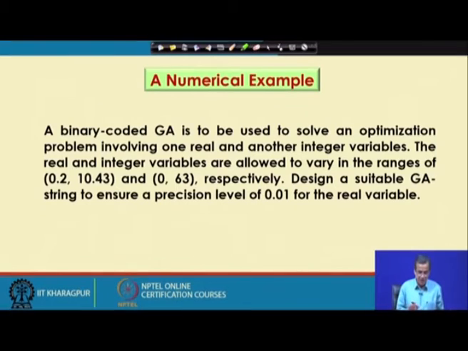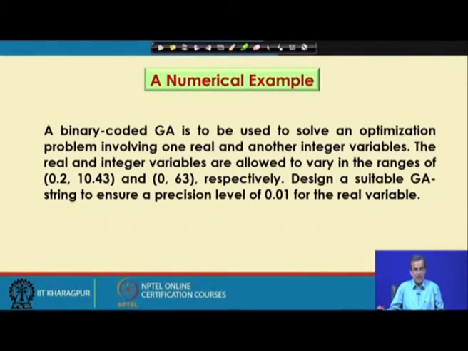The way I have formed this numerical example is as follows. I am going to use one binary coded GA to solve one optimization problem having 2 variables. Out of the 2 variables, one is an integer variable and the second one is a real variable.